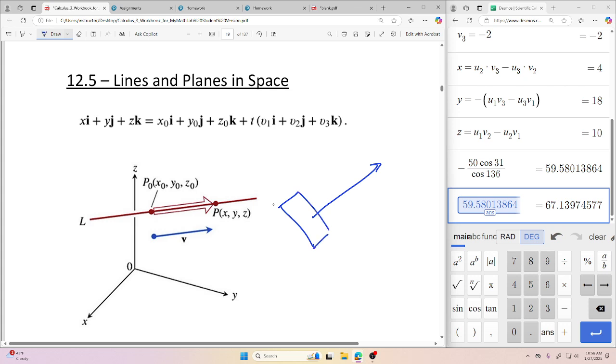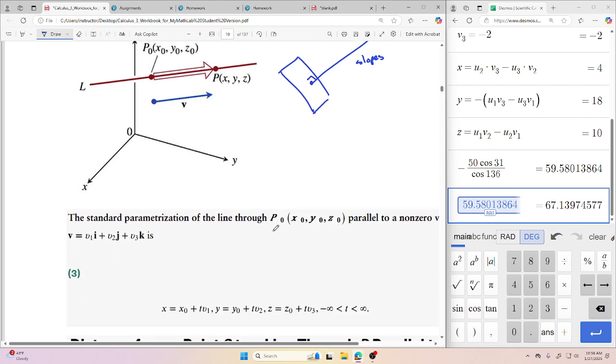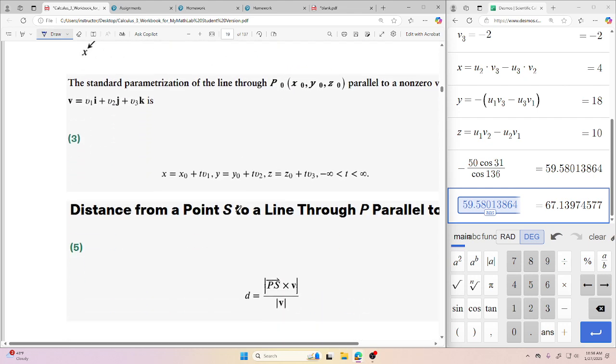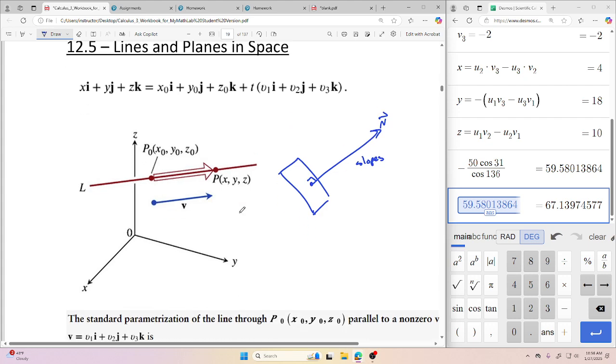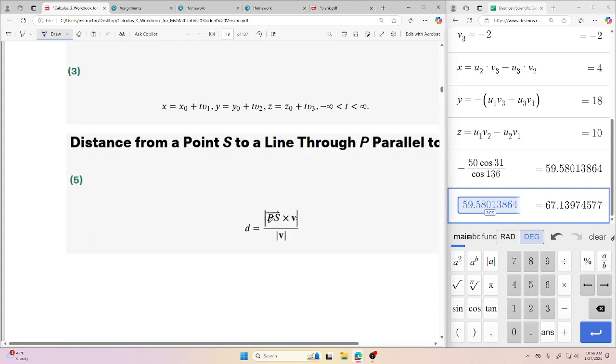So to define a plane, it needs a line, and that line is called a normal vector. We call it n or something like that. This is what I would call the slopes of that plane. So they're all together in this section. The overview is that we need lines in order to make a plane.